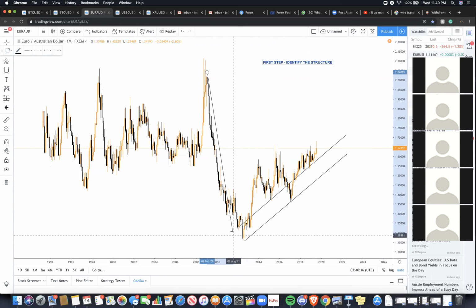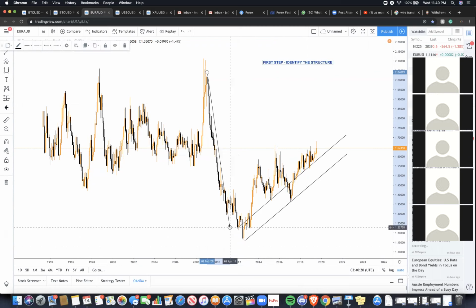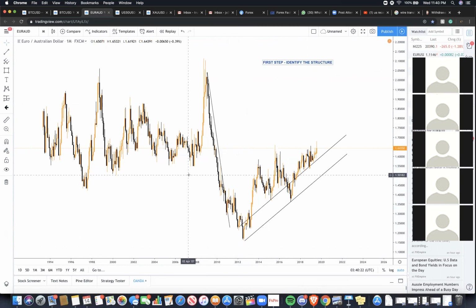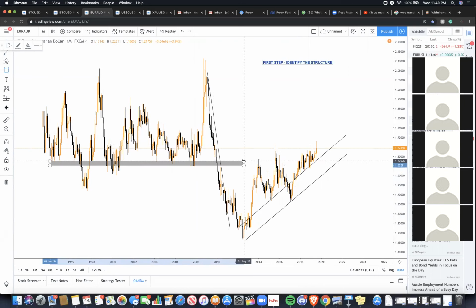Let's see, what's more valid? So here it is. So if I identify this, again, after that, now I have my previous downtrend and I have my previous uptrend. Let's try to identify some important zones, right? Important zones based off the past.